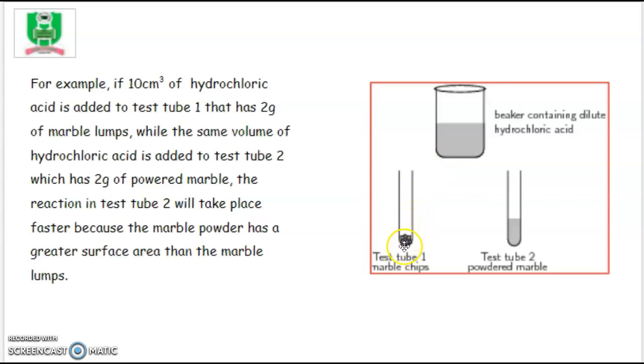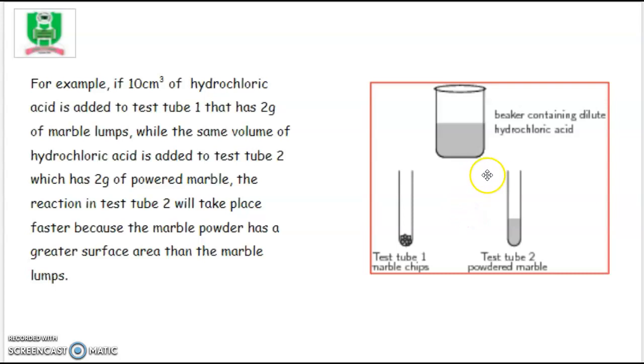And why is it low? Because the surfaces of the parts of the marble chips are not fully exposed to the hydrochloric acid for reaction, and so the reaction will proceed slowly.